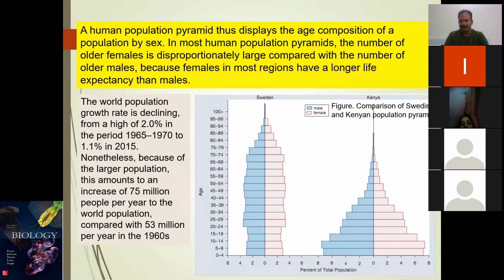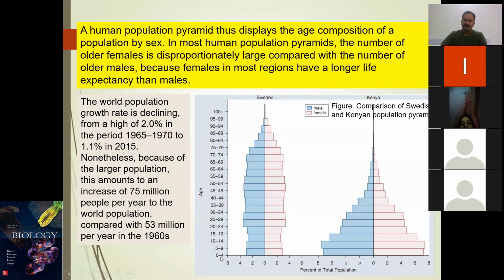Human population pyramids, we have to study the basic features of such pyramids. We have different age groups: first age group from 0 to 4 years, then 5 to 9, then 10 to 14, and the last one 100 plus. Males are represented by blue color, and females are represented by pink color.